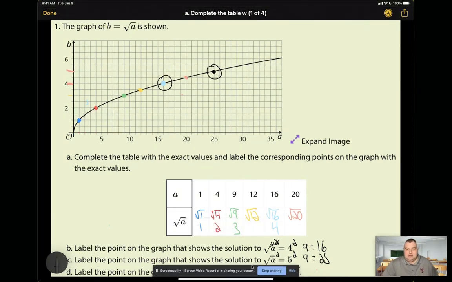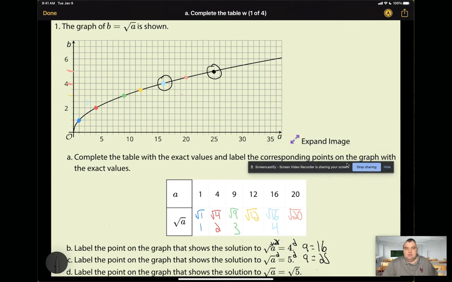Last one in this section. Label the point on the graph that shows the solution to square root of a equals square root of 5. This is kind of an interesting case because I have square roots on both sides. I can still square both sides in order to get rid of the square roots.